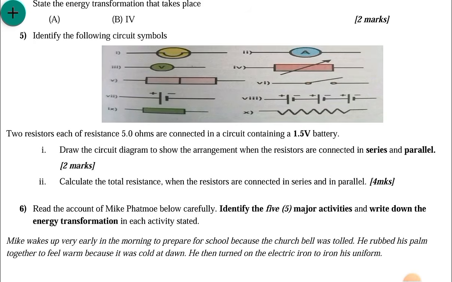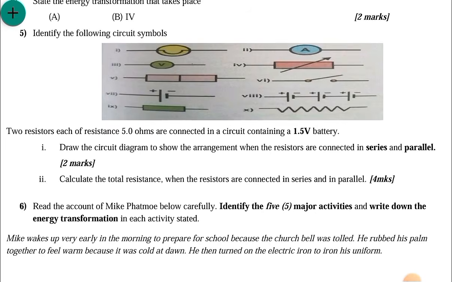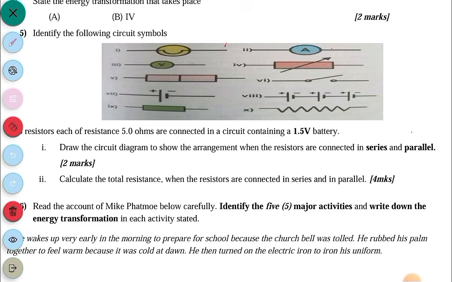We are told to identify the circuit symbols. So I is a bulb, II is an ammeter, III is a voltmeter, IV is a rheostat.